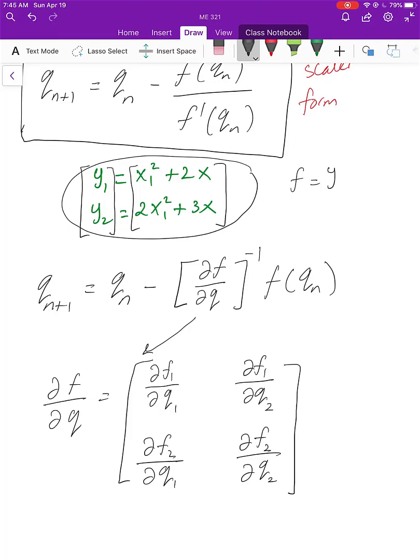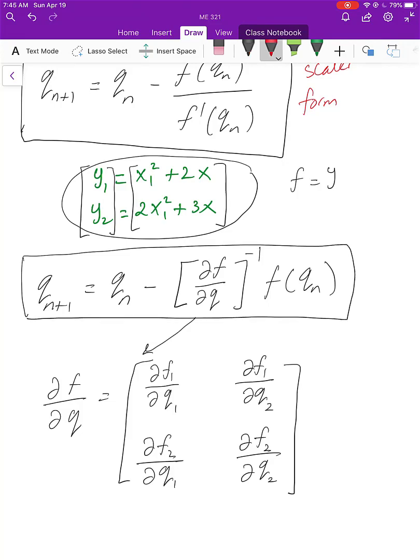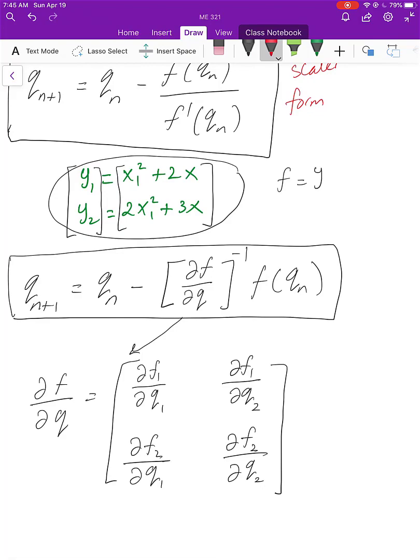This is what we call the Jacobian matrix. In this form, we can solve for any two equations and two unknowns. This is the matrix form.